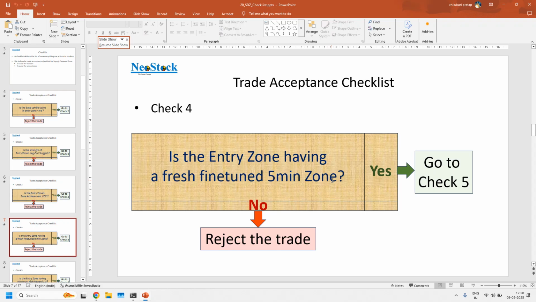So this is the filter we must check before you accept the trade, not placing the trade, accepting the trade. If you don't accept the trade, you remove the trade from your charts. And this one you have to take manually. Why manually? Because sometimes while fine-tuning the zones, you may compromise the zones at the 15 minutes level or 75 minutes level.